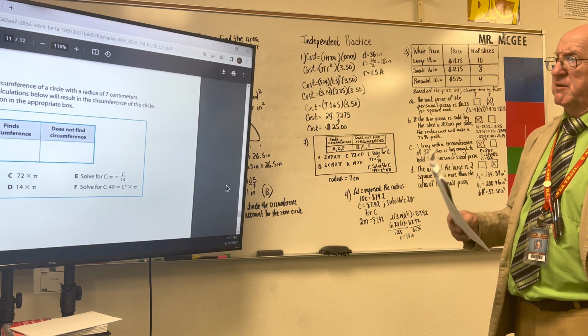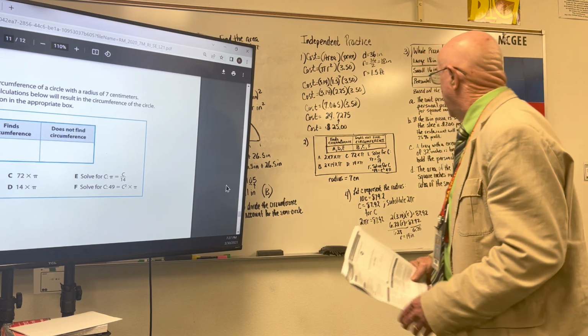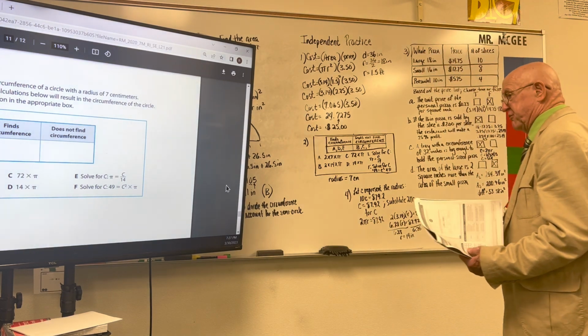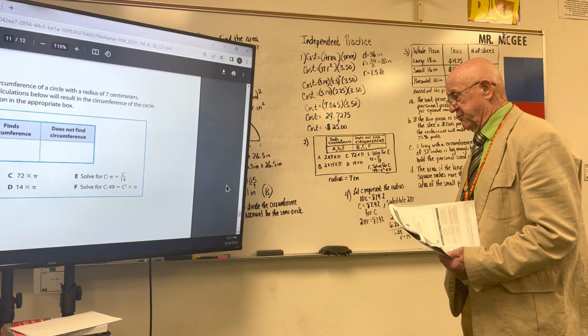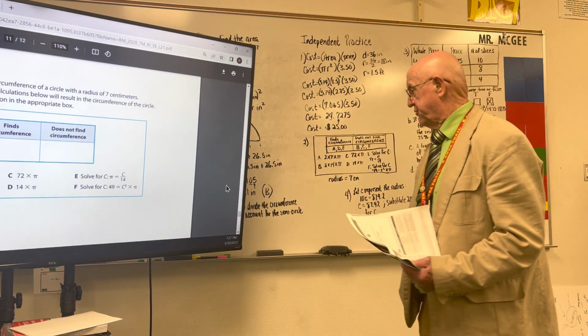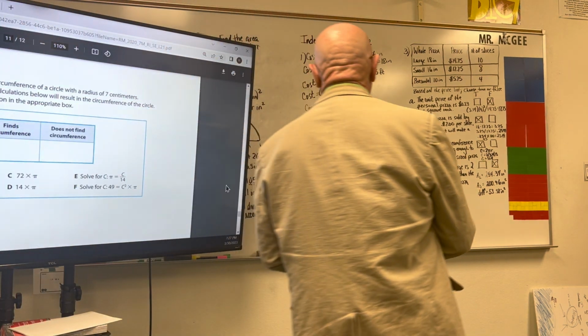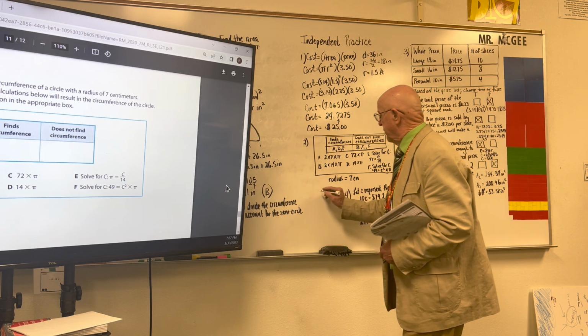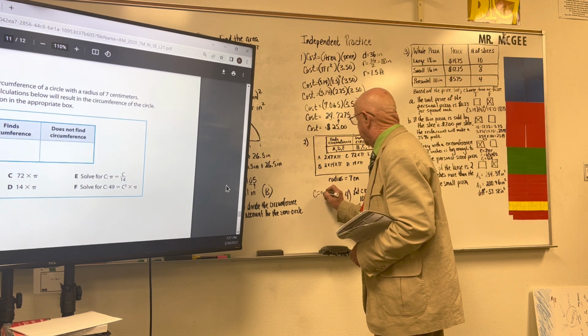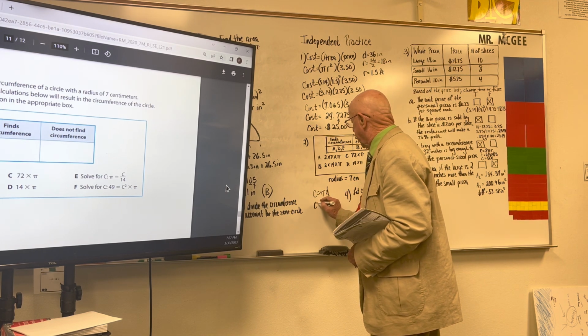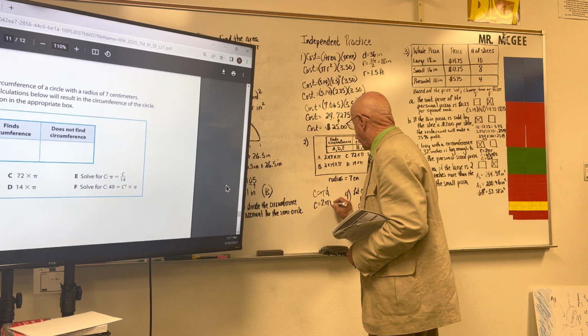Write the letter of the calculation in the appropriate box. The one thing I would suggest that you do is to write the formulas that we need here. And we have C is equal to pi d, and C is equal to 2 pi r.